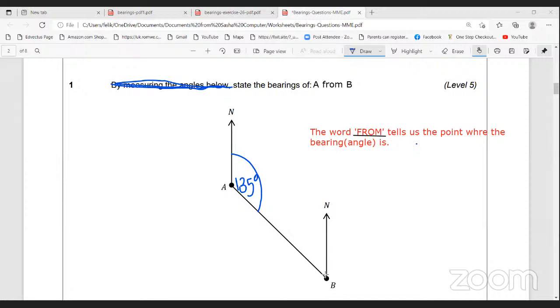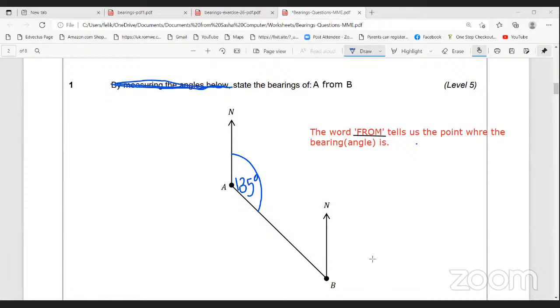B, thank you. So from tells us which point the angle is going to be. Anything that comes after from, B, C, D, from Marlon, from Peter, from Nastasia, from Dejana, from tells us where the angle is.